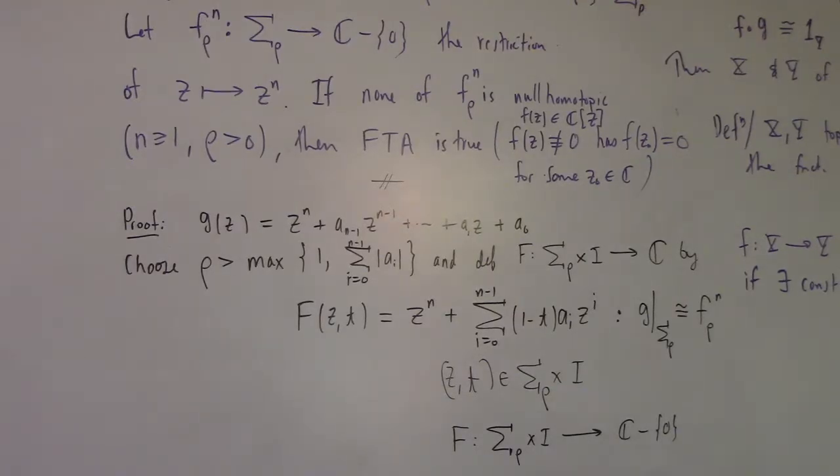Yeah, I guess I'll explain. But rather than show it directly, he uses contradiction, right? He's like, suppose towards a contradiction that you did have f of z comma t equal to 0, for some t.